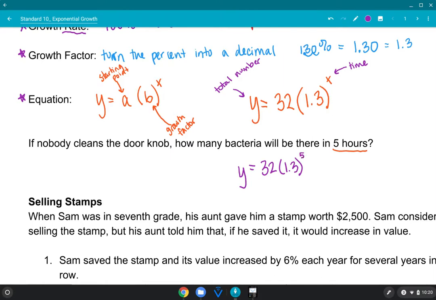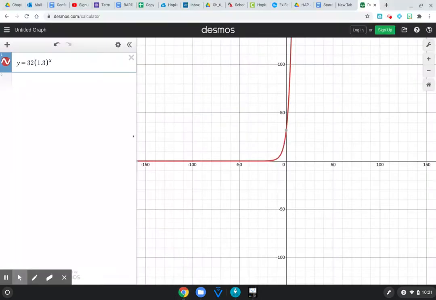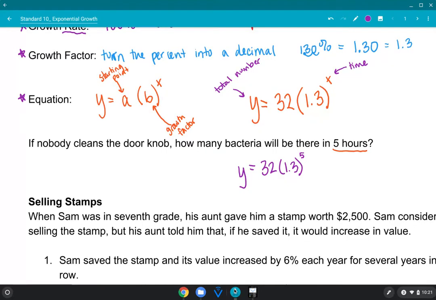So I'm going to go back to Desmos, and I'm going to type in 32 parentheses 1.3, and then the caret, which is Shift 6 on your keyboard, and then 5 hours. After 5 hours, you guys, there will be 119, let's say. Let's round that up. There'll be 119 bacteria after 5 hours.